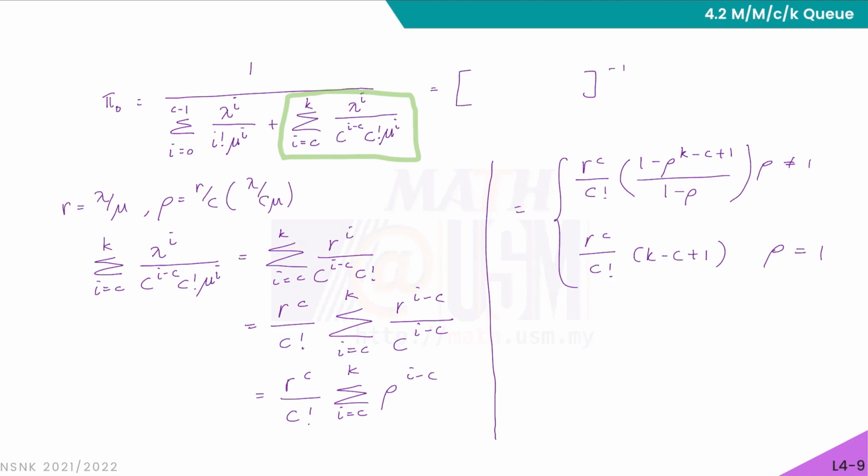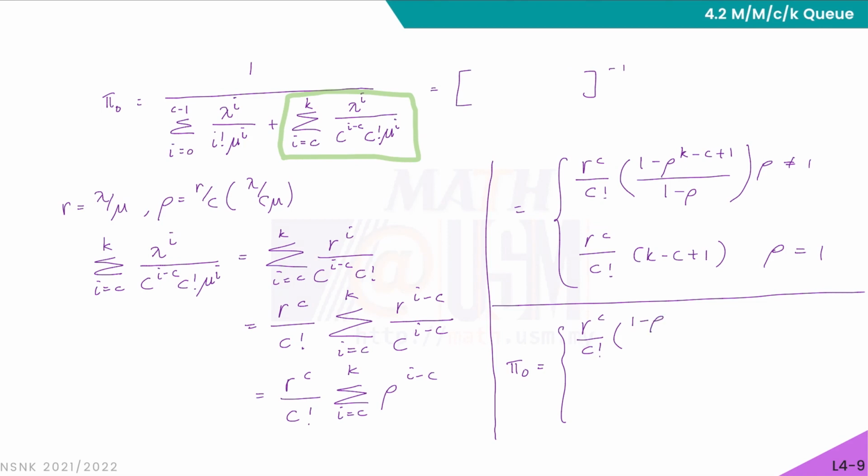Therefore, for your pi naught you will basically have two values depending on your rho. For the second term of the summation, we're going to bring it forward in order for us not to get confused with the first term that still has the summation symbol.